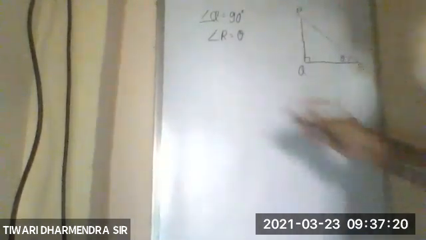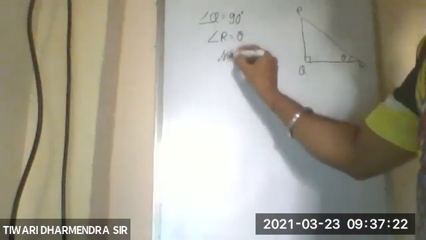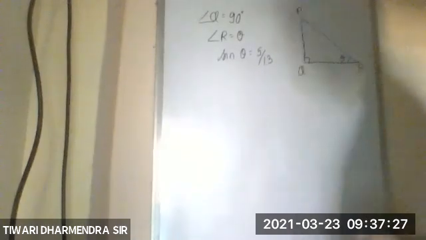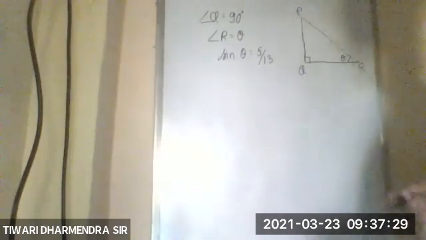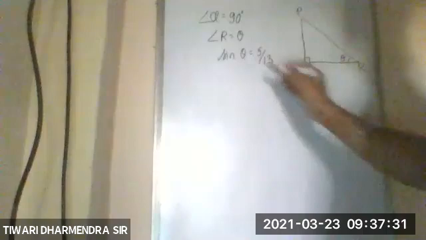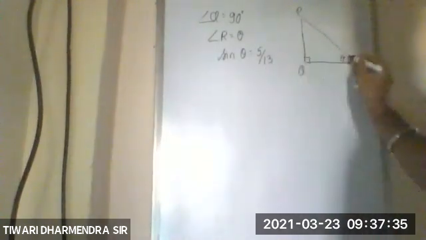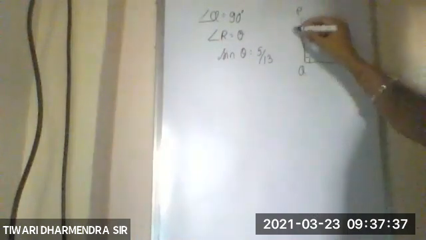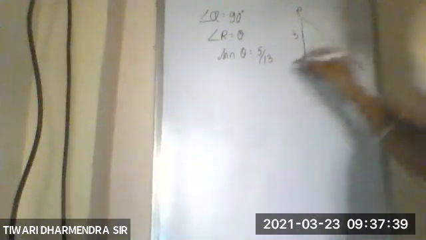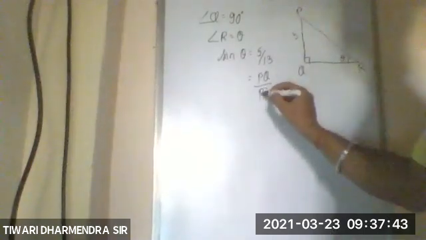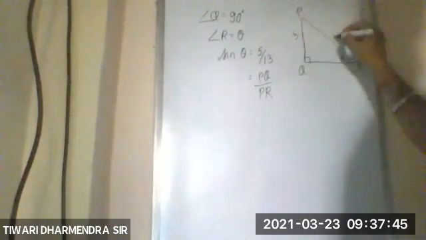Sine theta they have given as 5 upon 13. What is the formula for sine theta? Opposite to theta upon hypotenuse. So opposite to theta is PQ. So this is 5. Comparing this with PQ upon hypotenuse PR, the value of PR is 13.